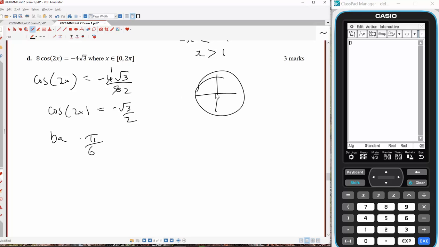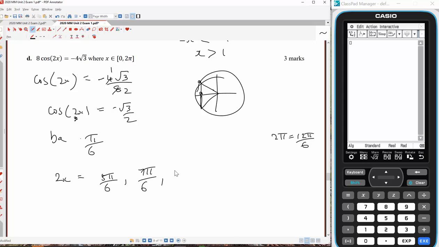All right, and when is cosine going to be negative? It's going to be there and there. So 2x equals 5 pi on 6, 7 pi on 6. Then we've got to add another 2 pi, which is 12 pi on 6, because this will dilate for me, so we need to include another full set of solutions.